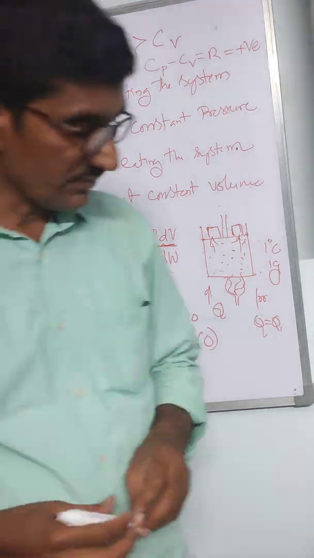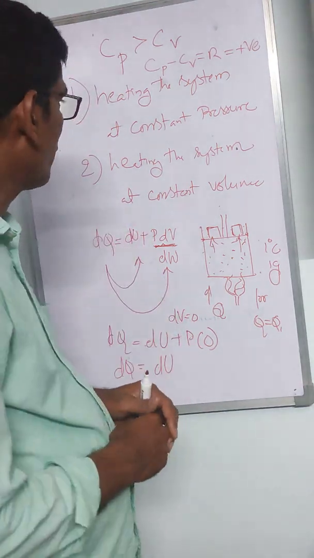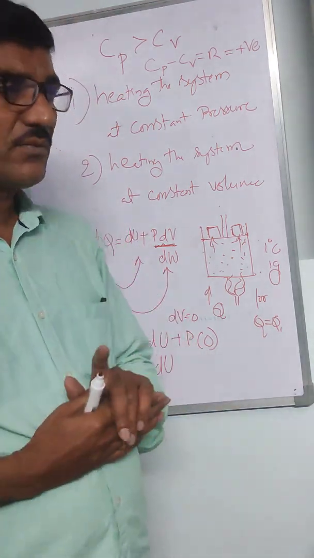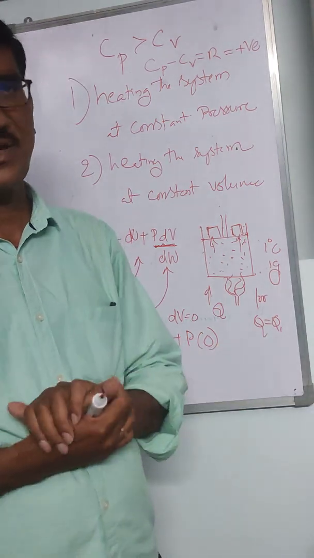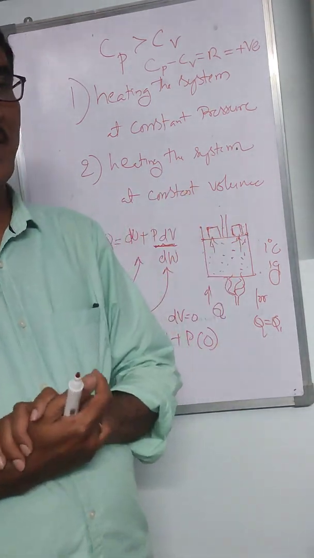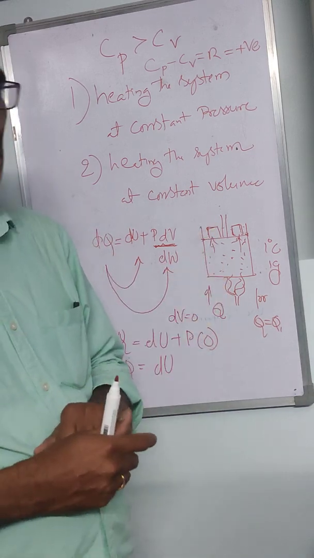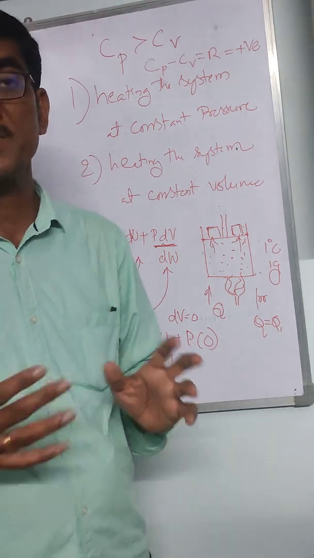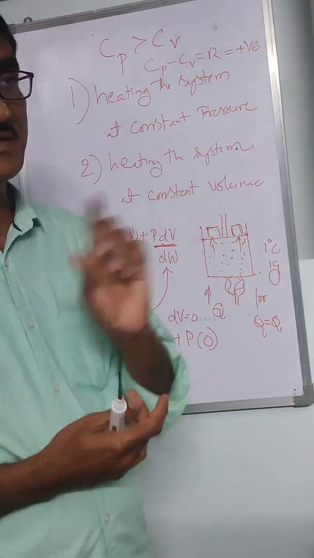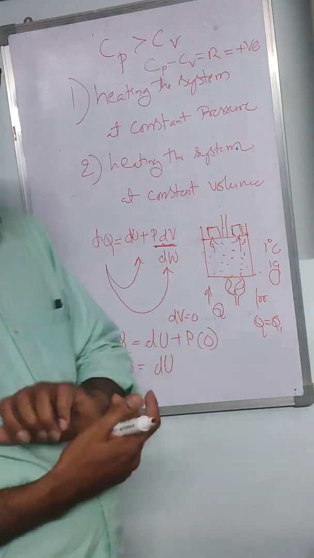Before ending this lecture, let us see what we have done so far. We discussed why the system has two different types of specific heat. Why? Because there are two different ways to heat the system. That's why we always have two types of specific heats. If C is a specific heat, you always have Cp as well as Cv.